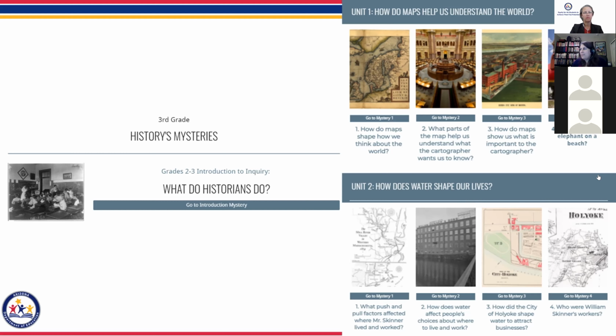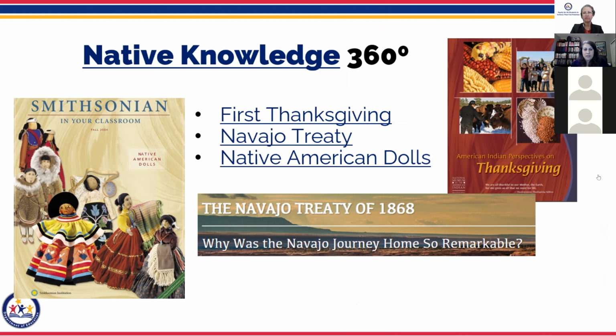And then maybe that's all you want to do for that mystery, or you can do all 4 of the mysteries. They're all self-contained little activities for students to do, which highlight your grade level standards and the anchor standards.